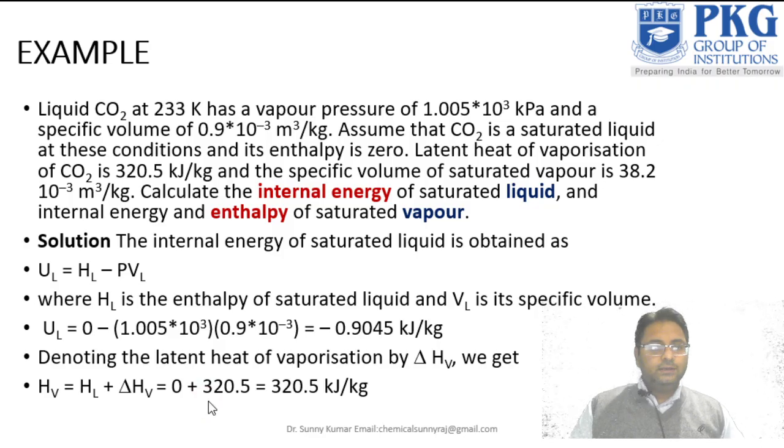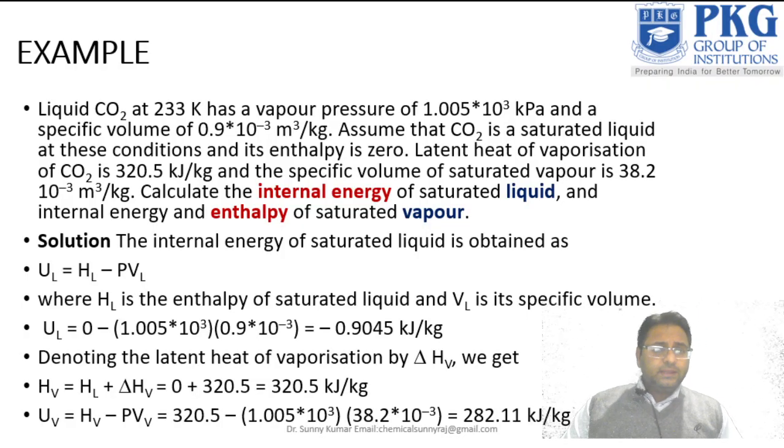When you add it, the enthalpy of the system is 0 for the liquid, and for the vapor it is already given, 320.5. So the vapor enthalpy will be 320.5 kilojoule per kg.